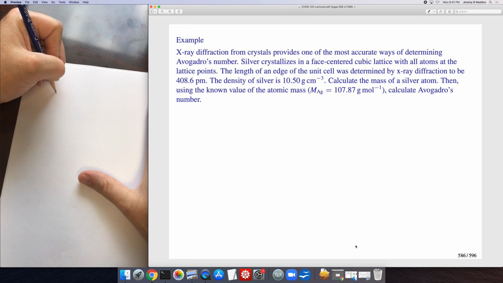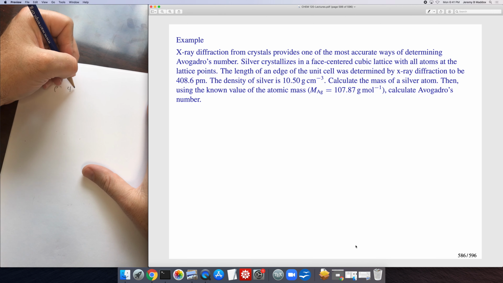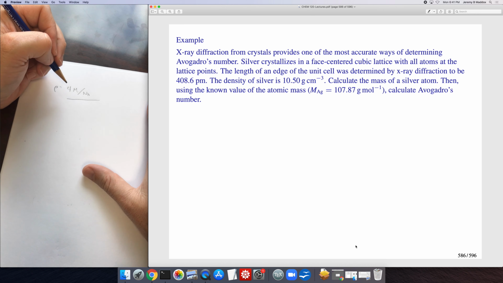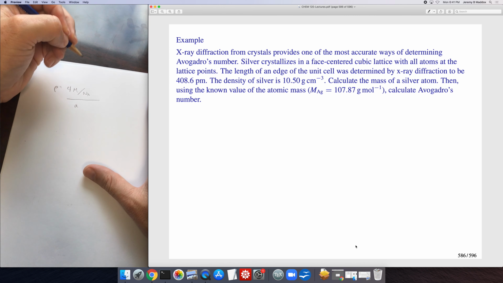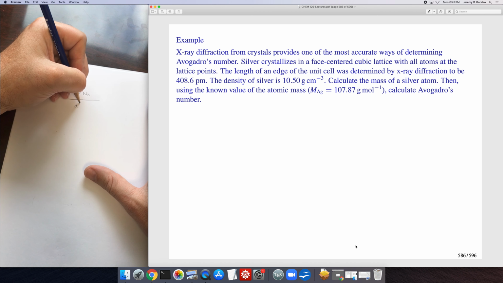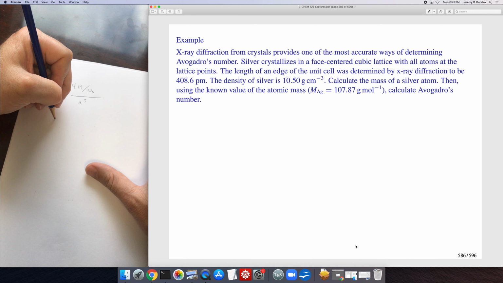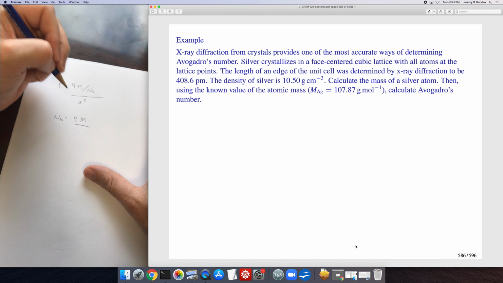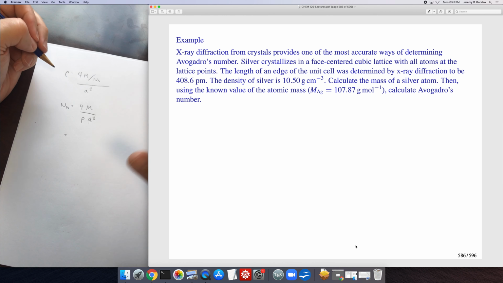You know, the density is going to be equal to 4 times the molar mass divided by Avogadro's number, and then you would take the distance and you'd cube it. So rearranging this, we would say Avogadro's number is going to be 4 times the molar mass divided by the density times a cubed, and then the trick is getting the units right.